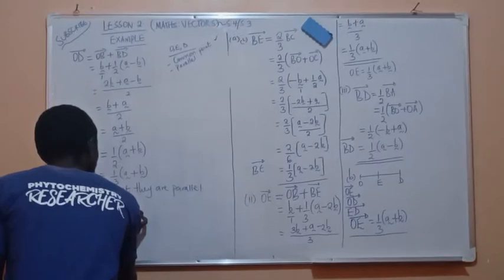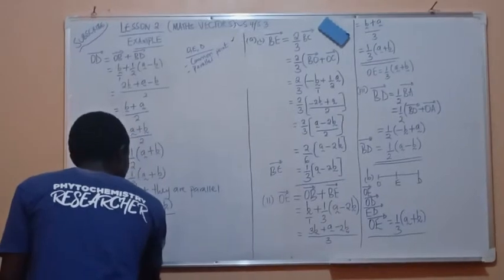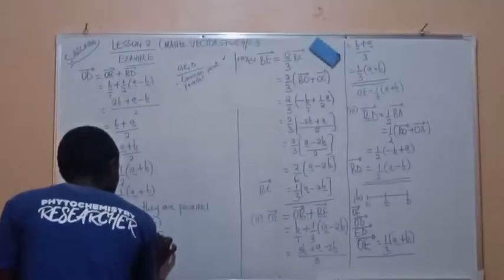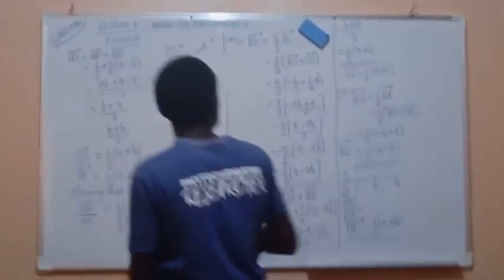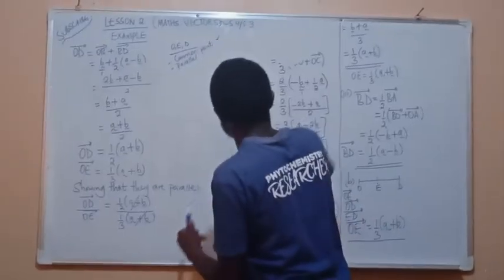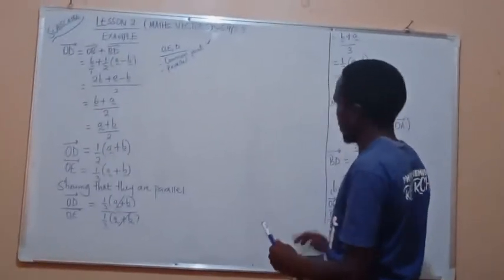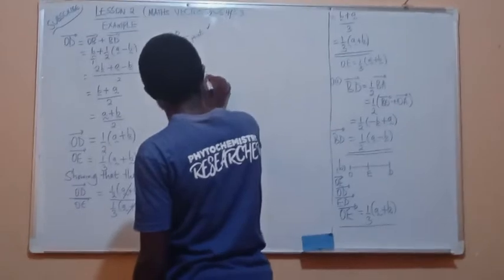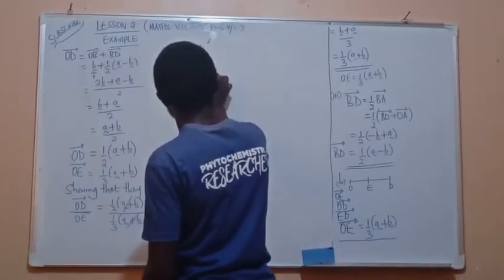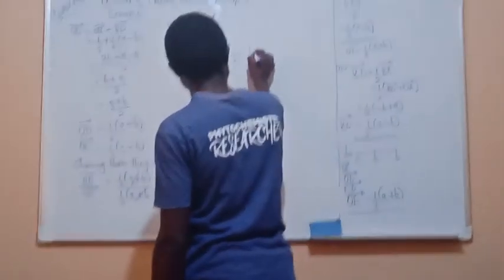You will have a half of A plus vector B divided by a third of A plus vector B. This one will cancel with this, and you'll be having your vector reduced now, implying that you'll be having OD out of OE equaling a half divided by a third.